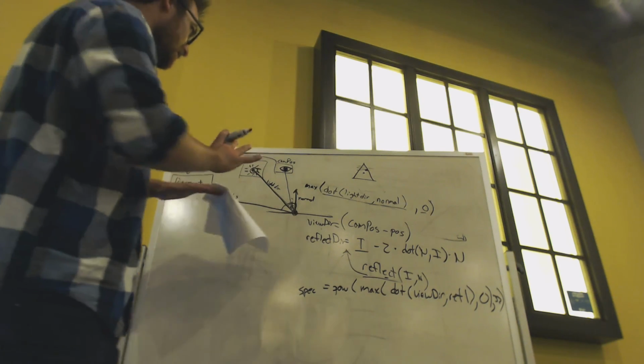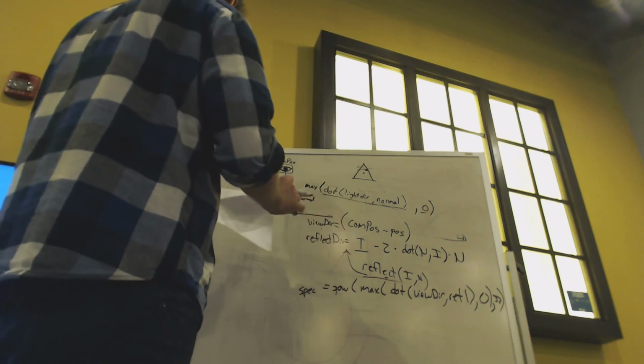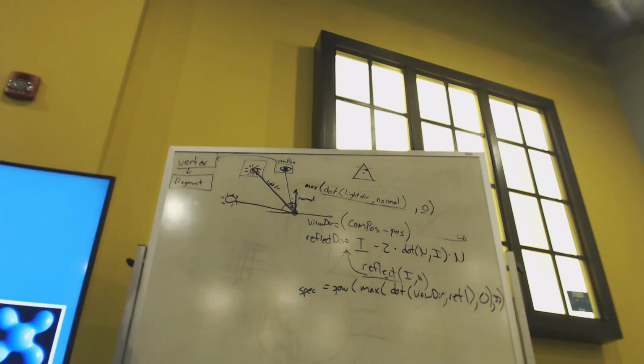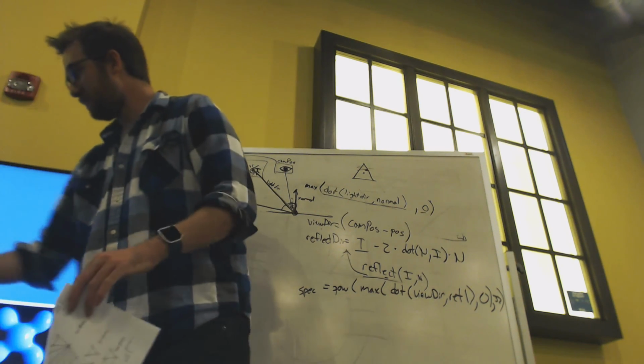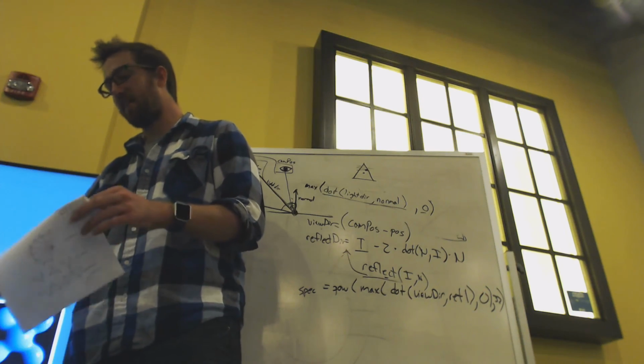And so then once you're all said and done here, we've got our ambient value, our diffuse light value, and then our specular value.